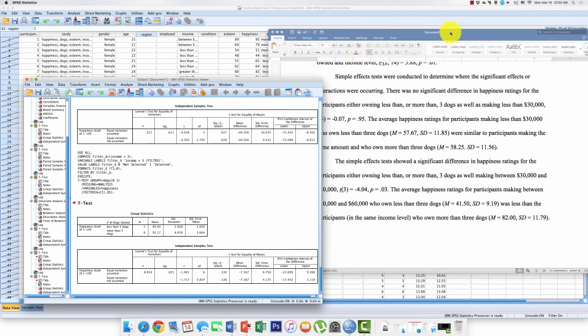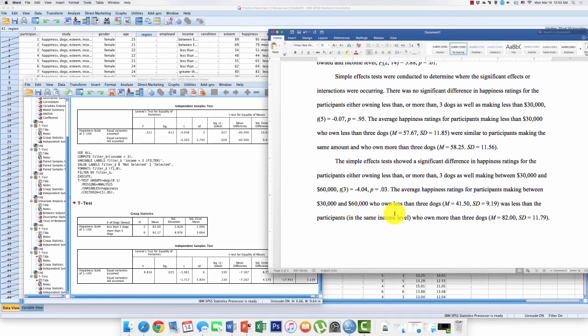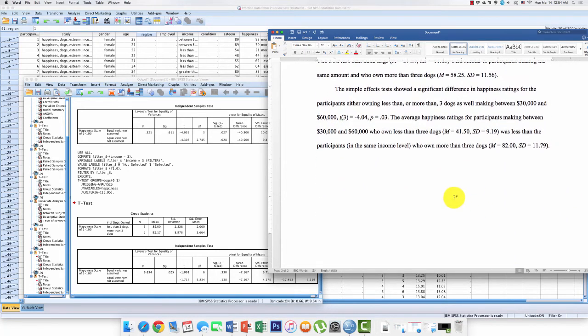So we're seeing that the significant effect is occurring at the income level of between $30,000 and $60,000. So that's the write-up for that.